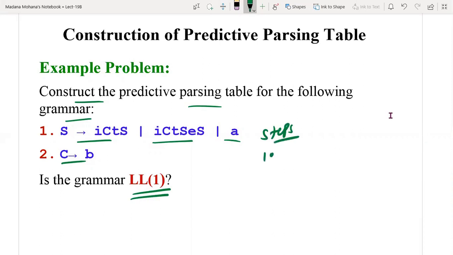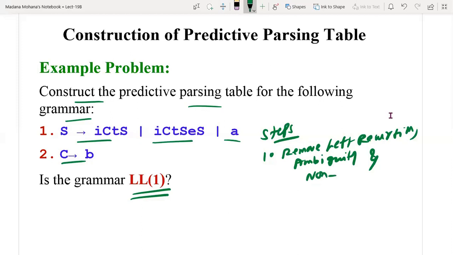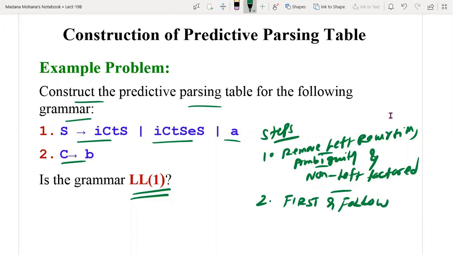Step 1, first remove left recursion, then ambiguity, and non-left factoring. If the given grammar contains any of these, remove all of them. Then compute first and follow values.